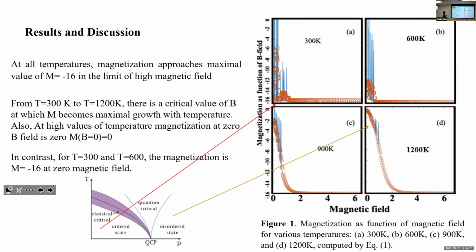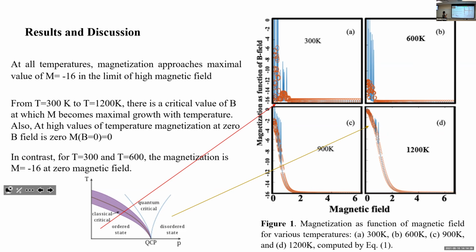From T equals 1600 to 1200, there is a critical value of B, the magnetic field at which the magnetization becomes maximal, growing with the temperature.